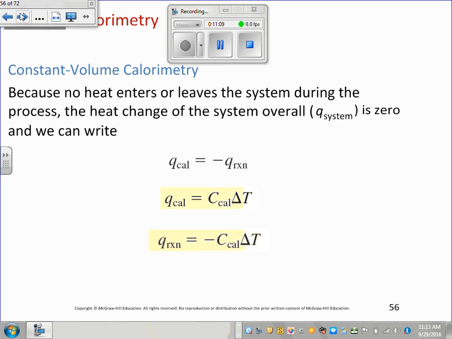Since it's isolated, no energy leaves the system or enters it. So the change of the system overall is zero. So the heat of the calorimeter is equal to negative heat of the reaction.